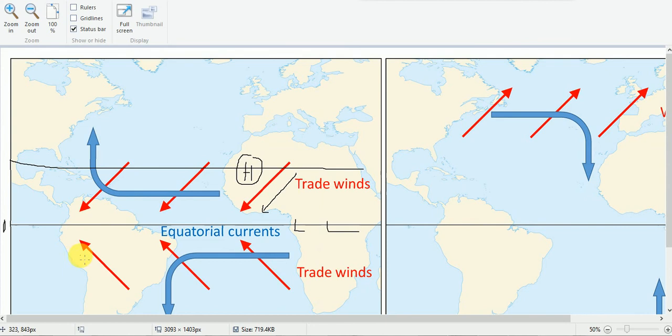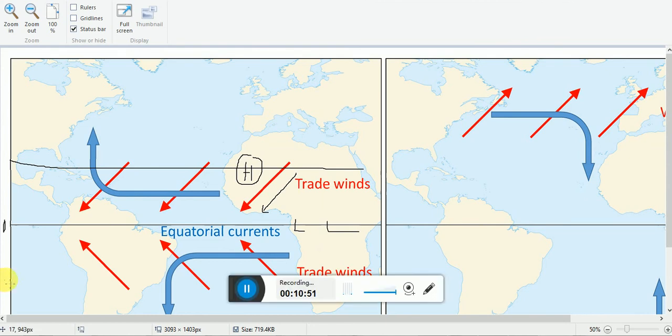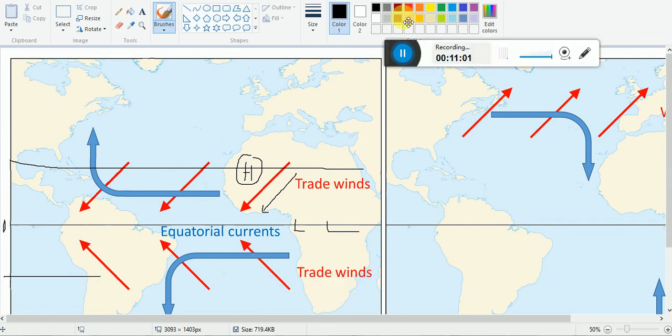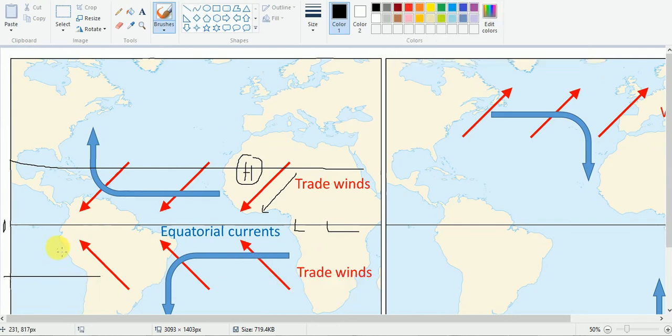And likewise in the southern hemisphere also we have 30 degrees south, and here we have high pressure, and from this area this southeast trade wind is blowing towards the equator.